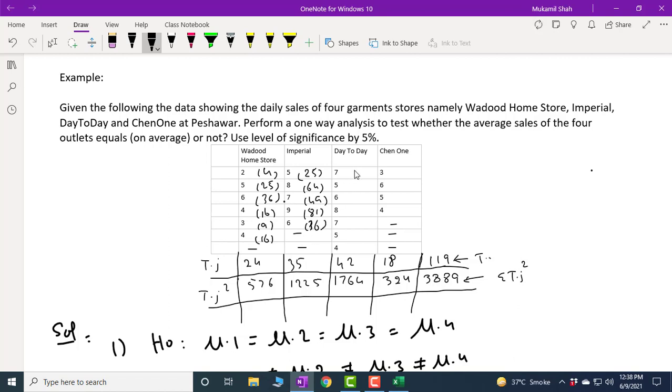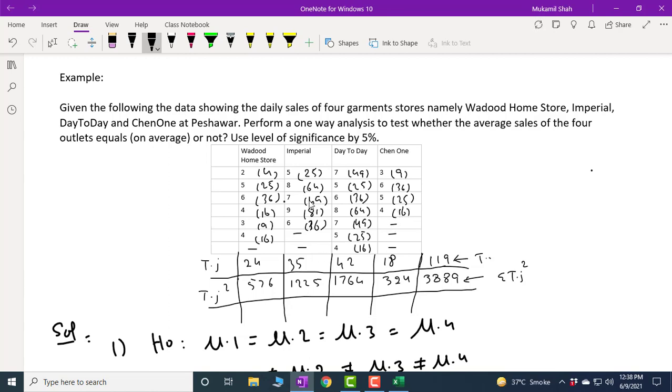Now the square of 7 is 49 and similarly 25 and 36, 64, 49, 25 and 16. Finally, the square of 3 is 9 and 36, similarly 25 and 16.